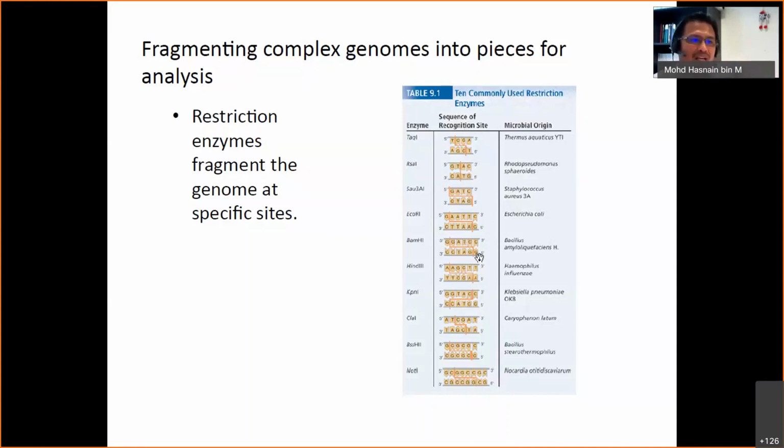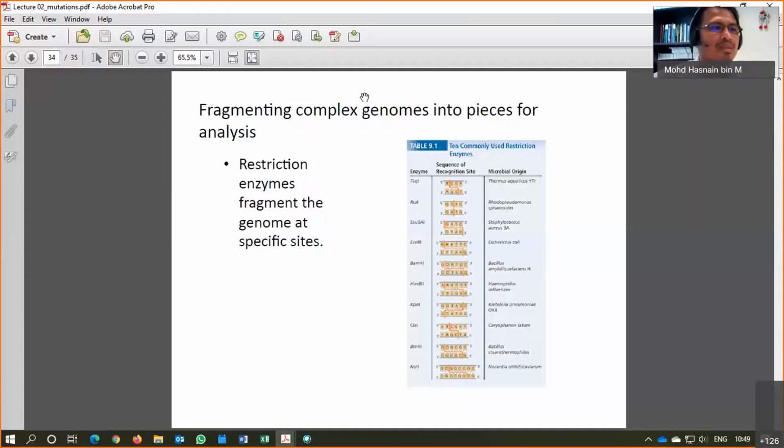If I have 2 enzymes, for example if I mix EcoR1 with BAMH1, on one region, I annotate.